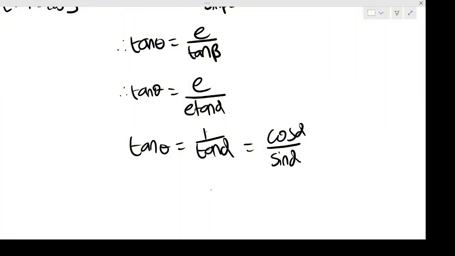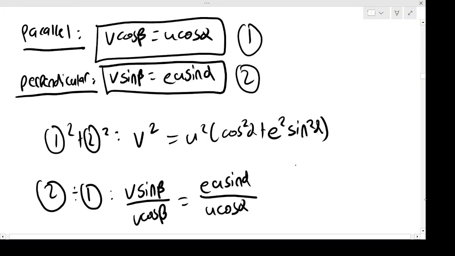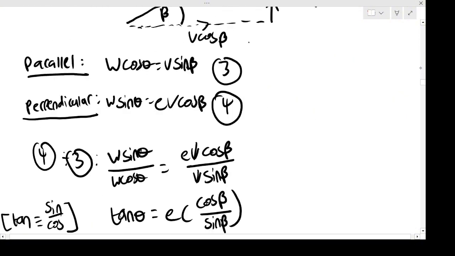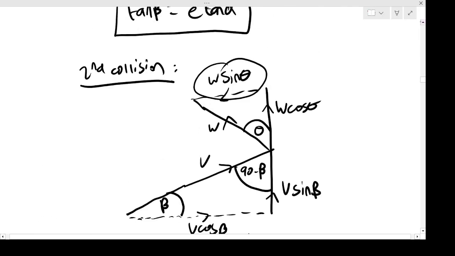I could have a bit of a brainwave here and think back to the very first diagram. Sine alpha and cos alpha come from these components here. Very similar to what I discussed with the second collision, remember, technically the angle for the second collision is 90 take away beta, but we use beta instead.